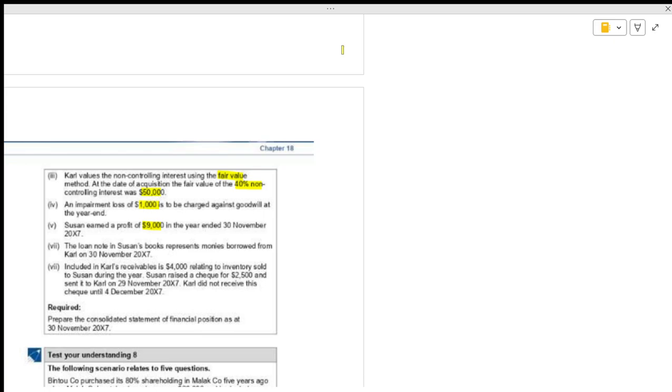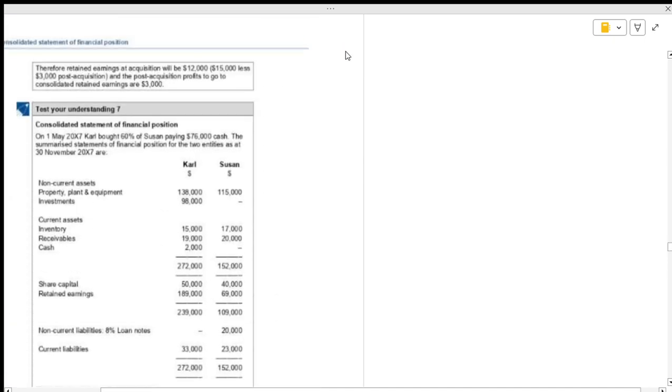Included in Carl's receivables is 4,000 related to inventory sold during the year. Susan raised a cheque of 2,500 sent to Carl on November 29. Carl didn't receive this cheque until 4th of December. What are they asking us? They are asking us to prepare the consolidated statement of financial position.